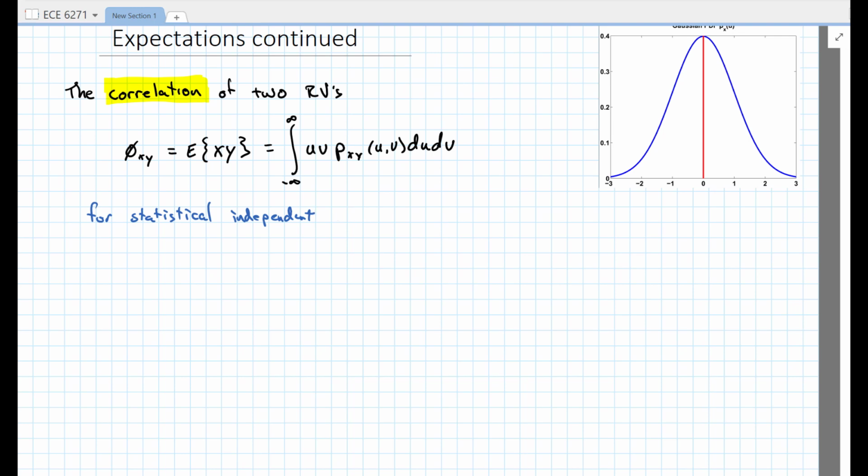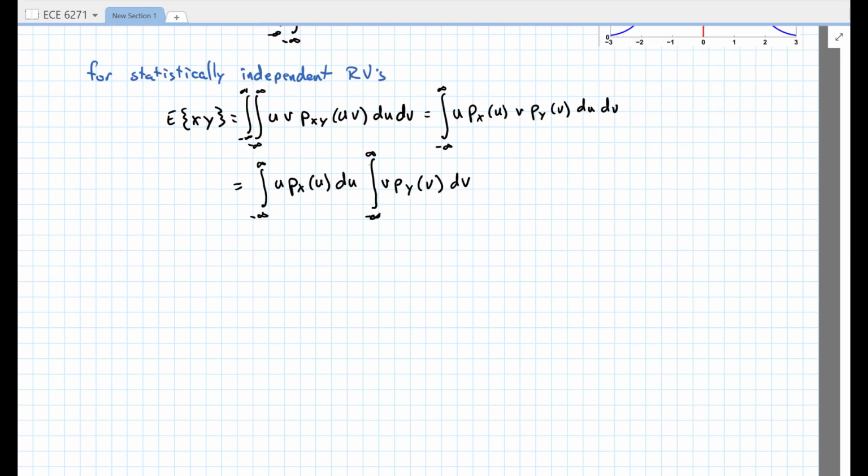In that case, we would have expected value of xy yielding this expression here, which simplifies to expected value of x times the expected value of y.